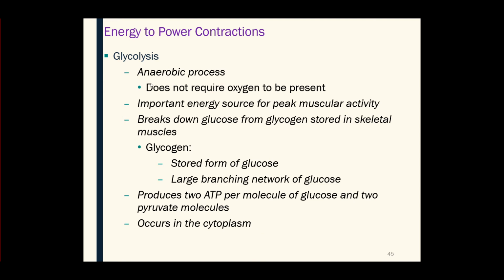You need to know this is an anaerobic process. That means it does not require oxygen. Where does it take place? In the cytoplasm. When does the muscle rely on it? During peak muscular activity, not now when you're at rest, right? When you're pushing yourself. What are we burning? Glucose. And what do we walk away with? Two ATP molecules and two pyruvates.